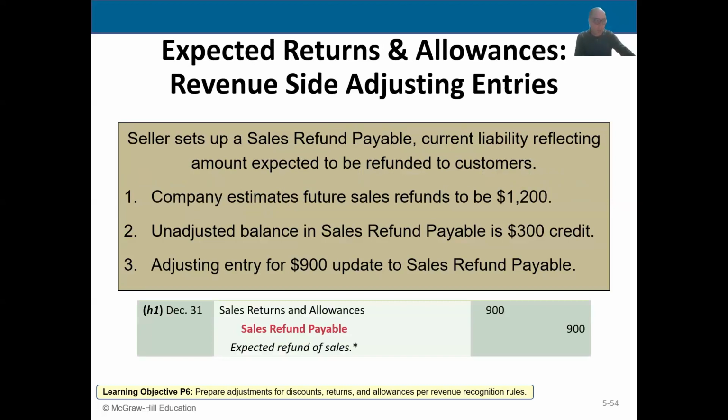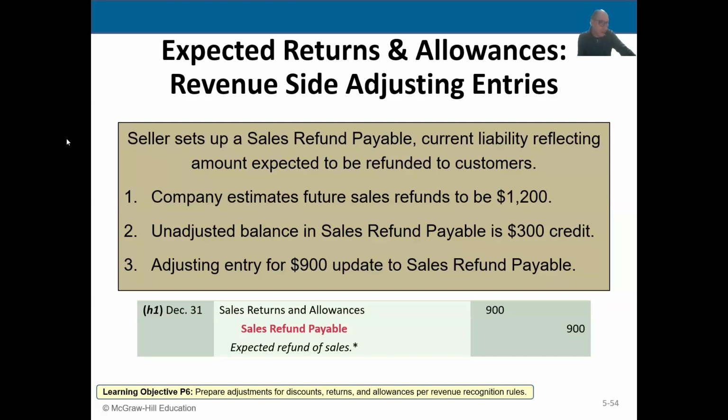And then we also have another example, which is an estimate for returns and allowances. Sometimes we expect that we're going to have some returns. Some customers are not going to be happy with what they receive. So we estimate it and we make an adjusting entry: debit sales returns and allowances, credit sales refund payable.